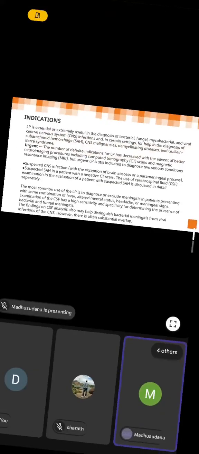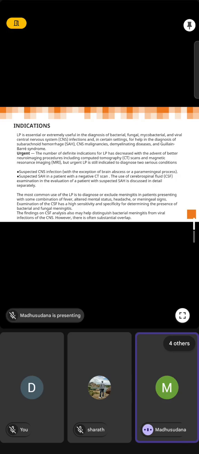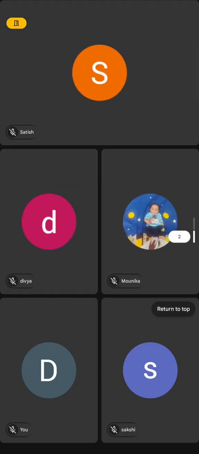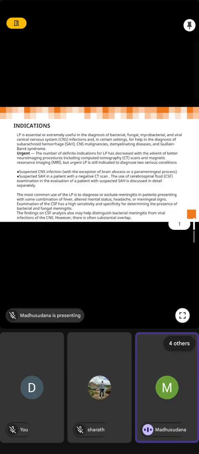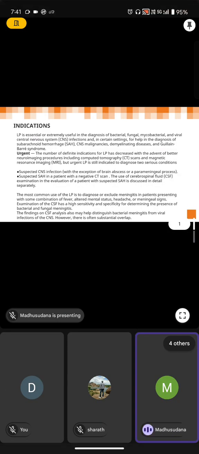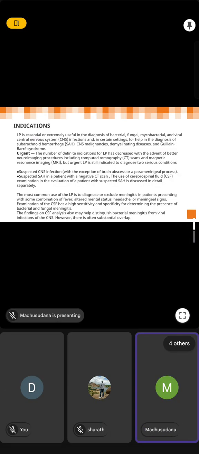Okay, so whenever it is required urgently, the patient is having continuous projectile vomiting without any injury. Projectile vomiting means the vomiting force is very huge when we compare with the normal vomiting. So there is something change in the nervous system.